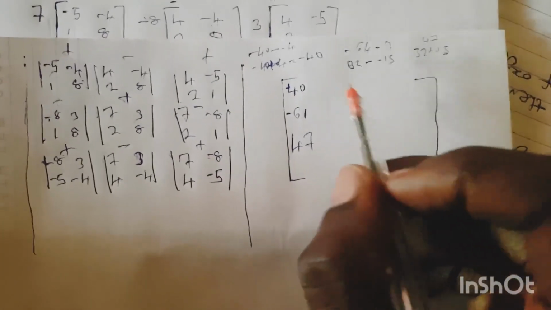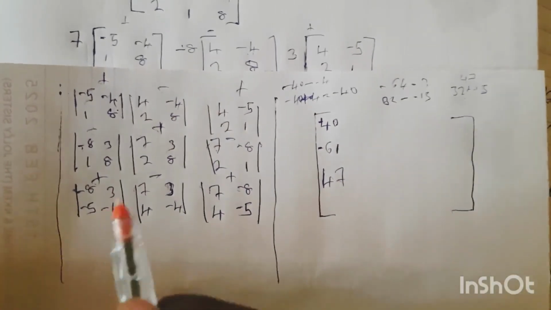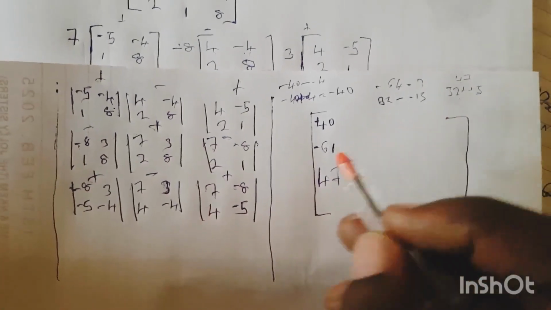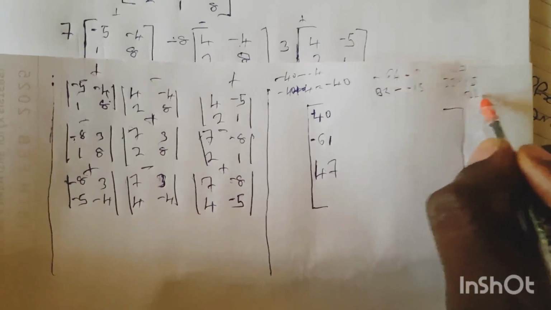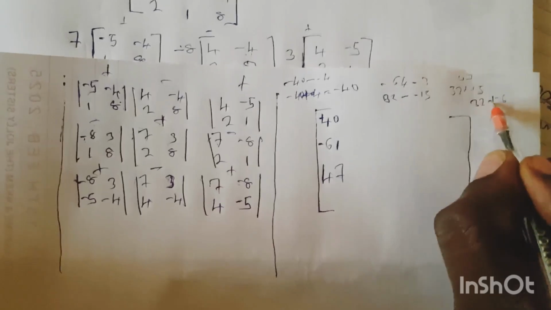So we're going to the next one. 8 times 4, that's 32 also. 2 times minus 4, that's 8. So 32 minus 8, you're going to change to plus, and it will give us 38.